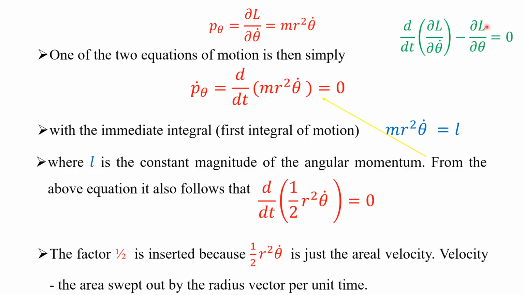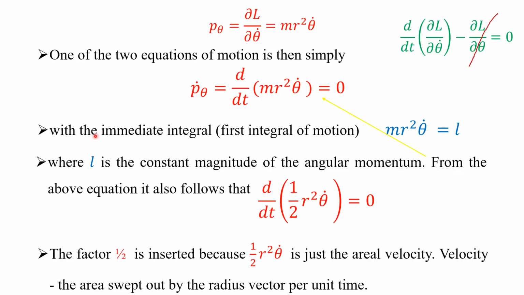There is no theta dependence in the Lagrangian, so the second term will be zero. Then only the first term is left, dL over d theta dot, which is equal to p theta. That means d by dt of p theta, that is p theta dot, is equal to d by dt of m r squared theta dot, which is equal to 0 according to the Lagrange equation.